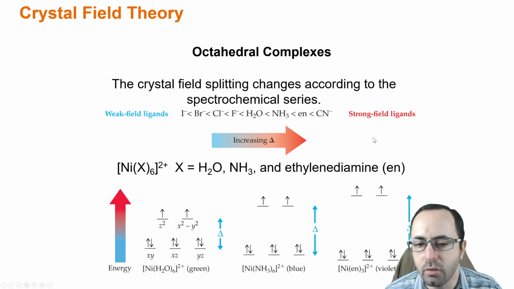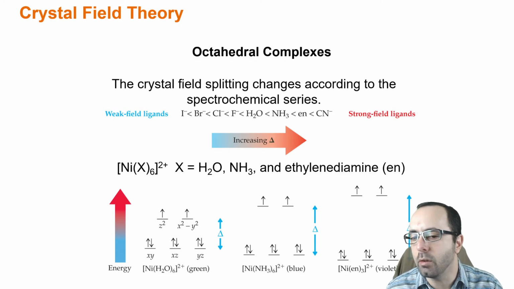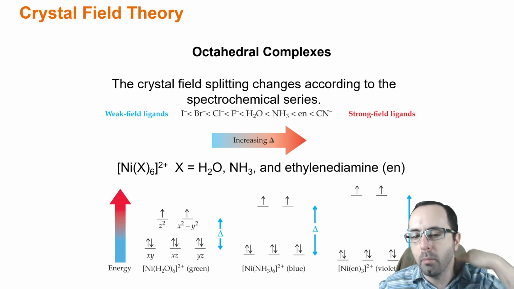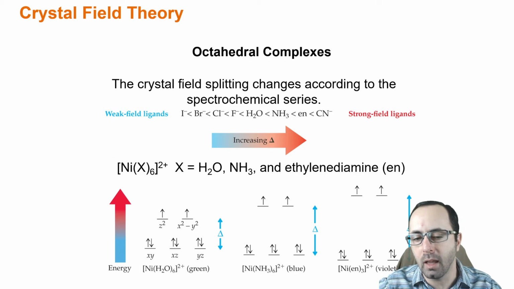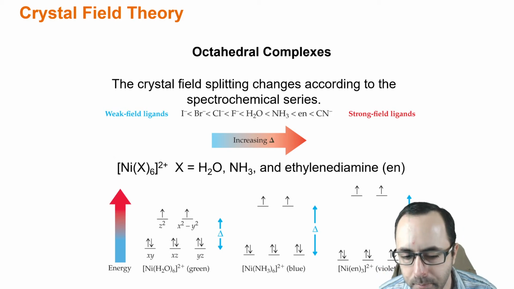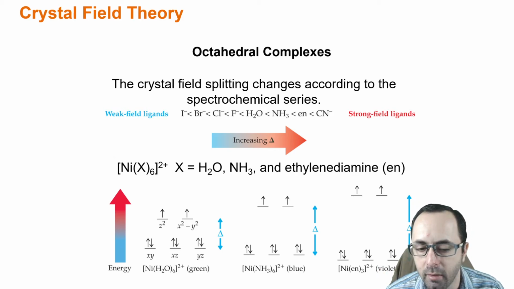And weak field versus strong field is telling you basically when this ligand attaches to a transition metal, what impact does it have on the splitting? How big is the splitting due to the presence of that ligand?